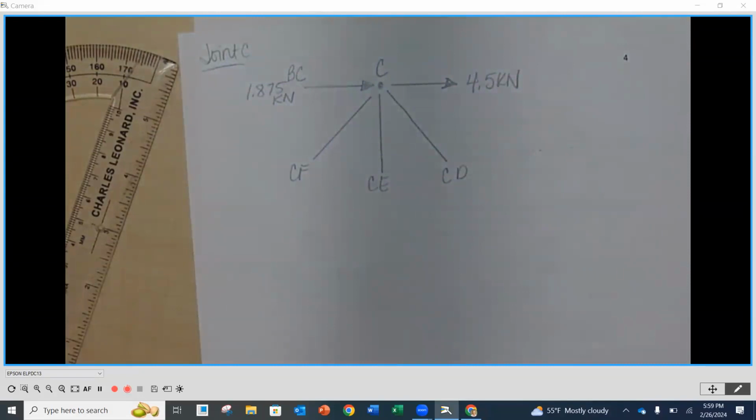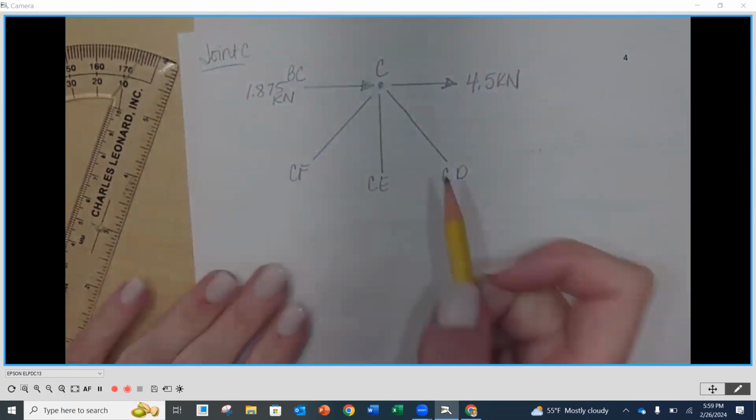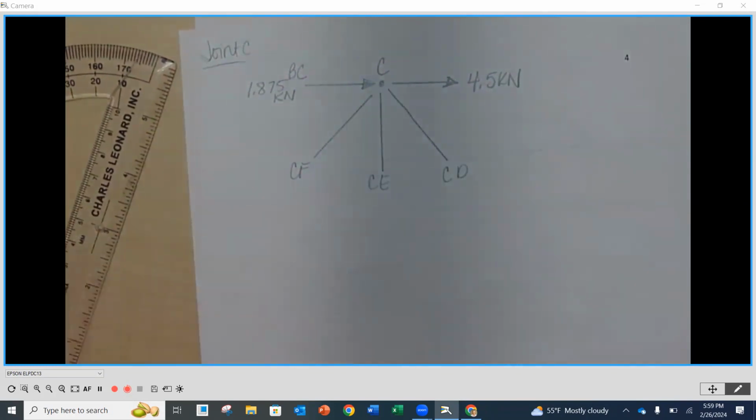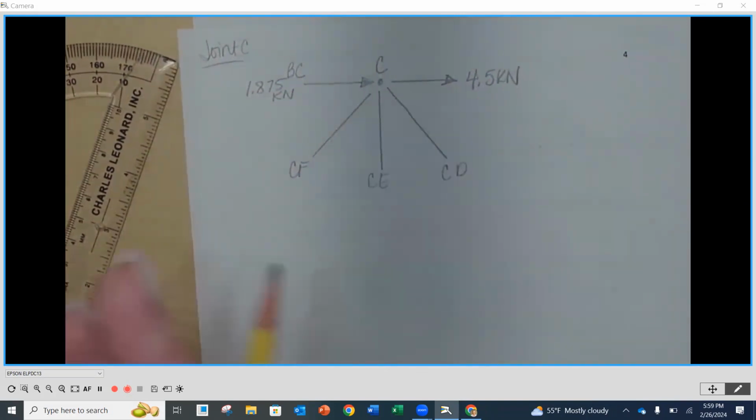Okay. Now, those are the only two forces I know. So I've got to make some assumptions about my next ones, right? As we look here, I've got two going to the right. So there's a good chance that I'm going to have some of my X's going to the left or to the right.